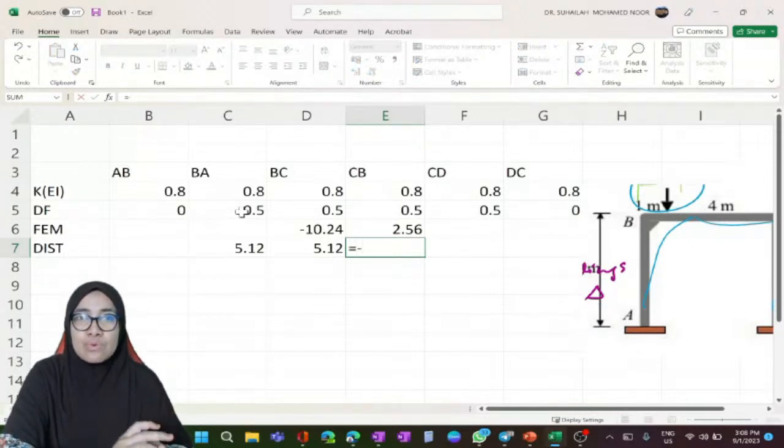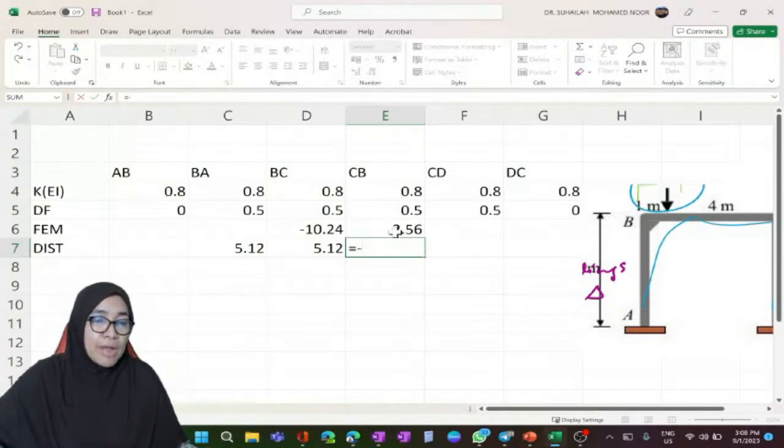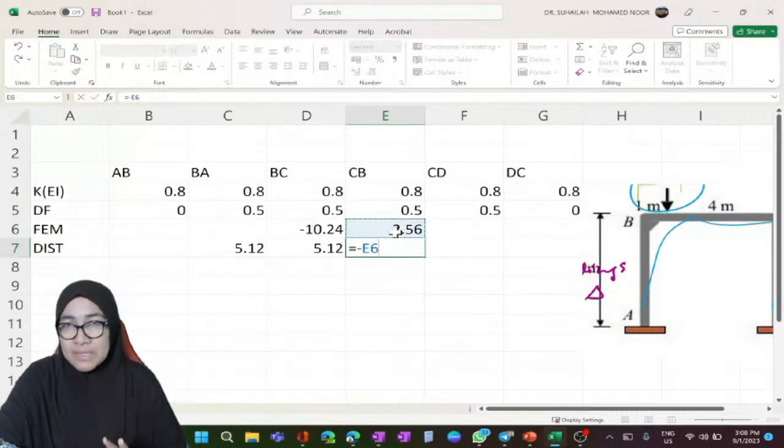We have to counter it because of the joint moment that we need whenever we distribute moment. So I put a negative to represent the behavior. It is negative 2.56 as the joint moment, not positive 2.56.